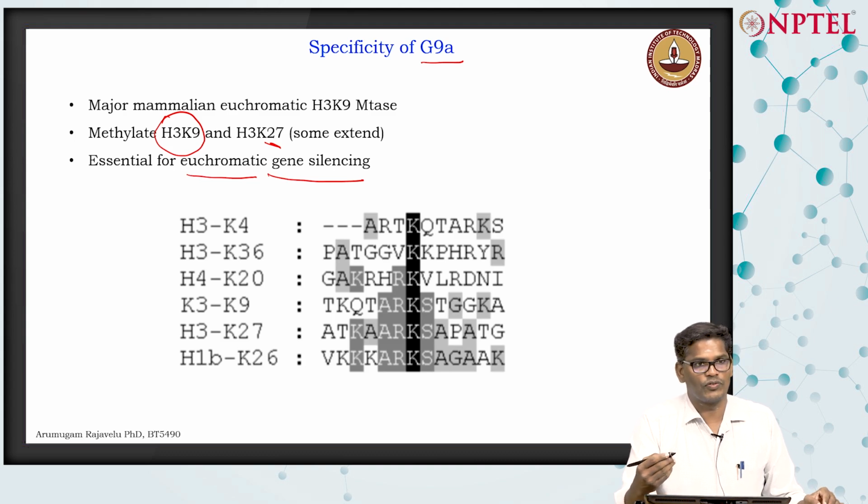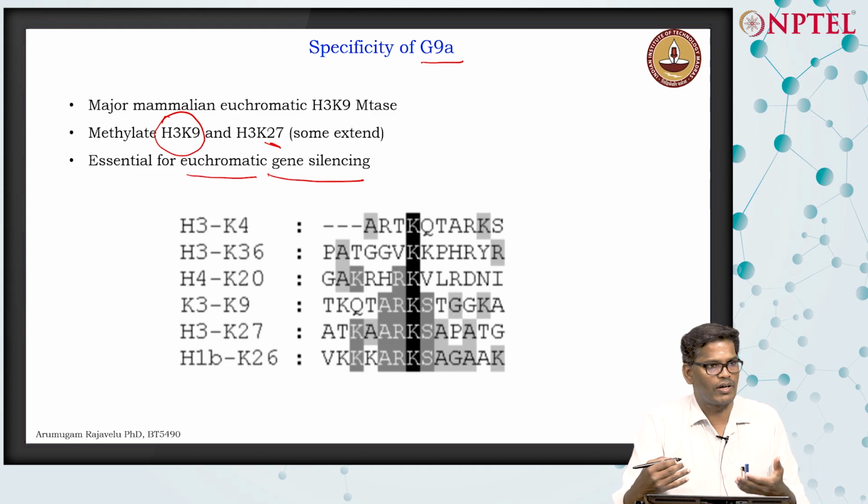So, if you recollect the localization pattern I showed, dimethyl and G9A, you are all able to connect it. Still repressive functions, but euchromatic. Whereas SUV39 has strong spotty localization, that is the heterochromatic regions, which shows that trimethylation is essential to form condensed chromatin structures.